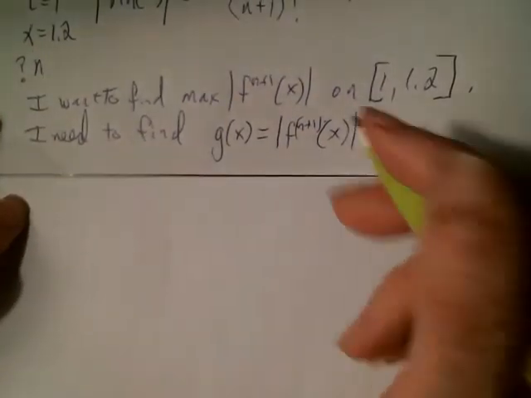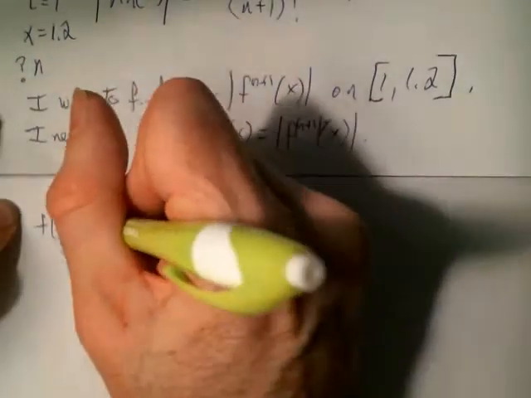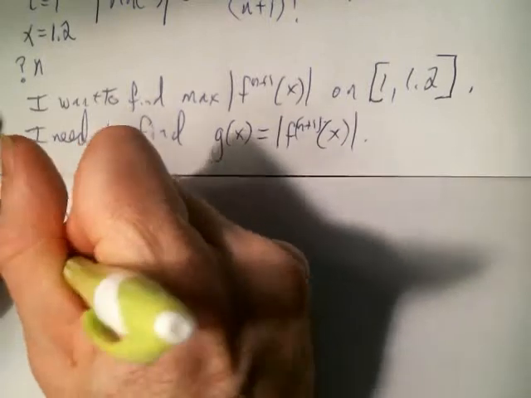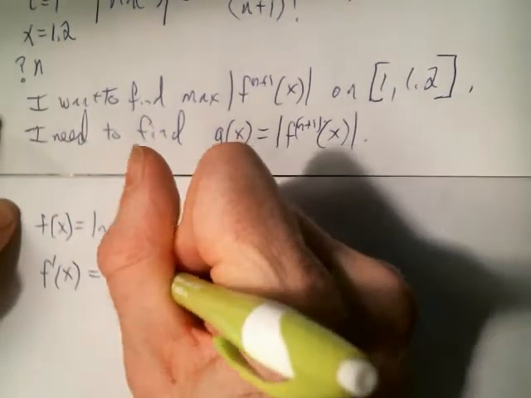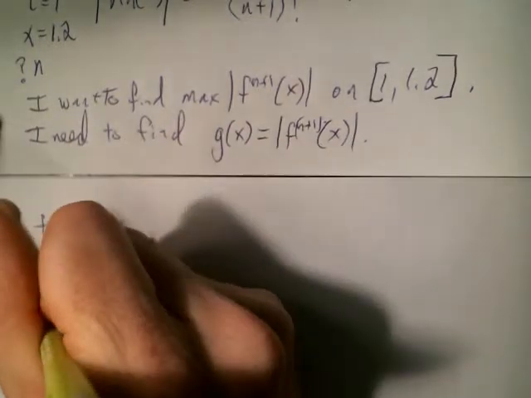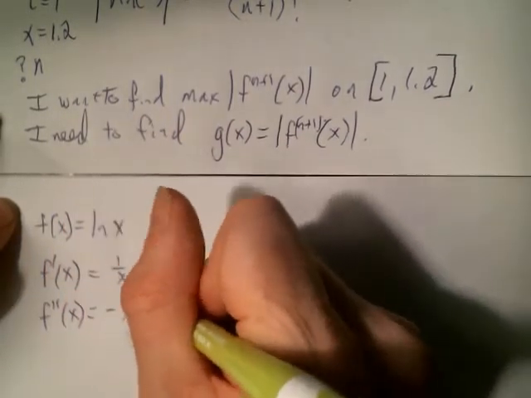patterns. So you start with f of x, right? So f of x is the natural log of x, and then you keep going. F prime of x is going to be 1 over x, which of course is x to the negative 1. F double prime of x is going to be negative x to the negative 2.